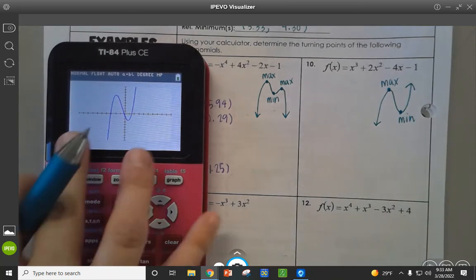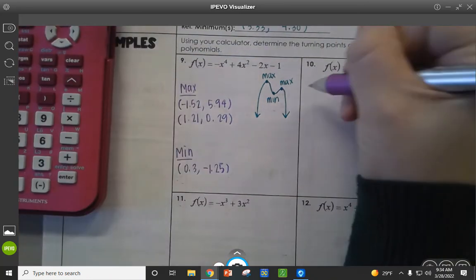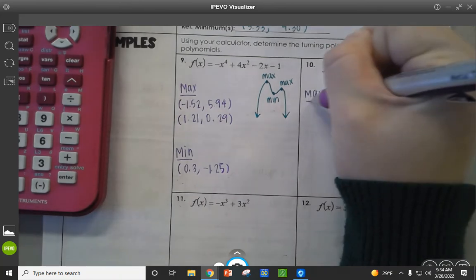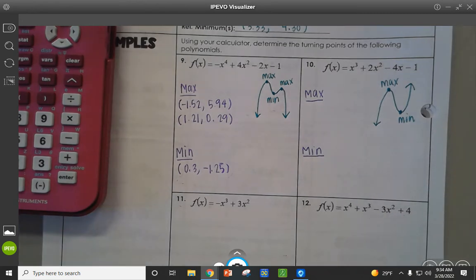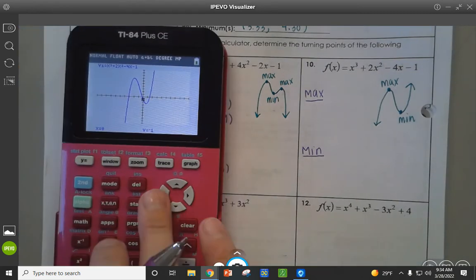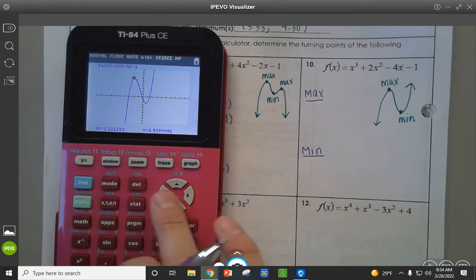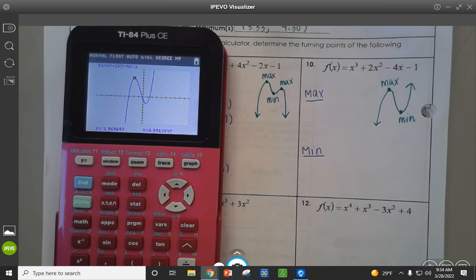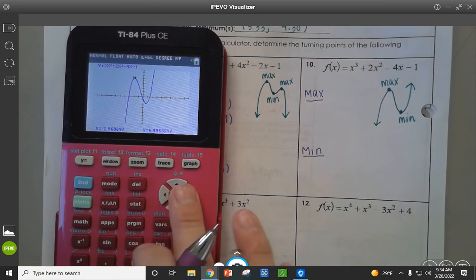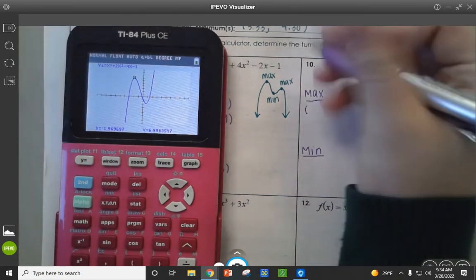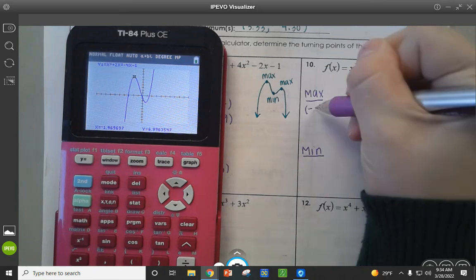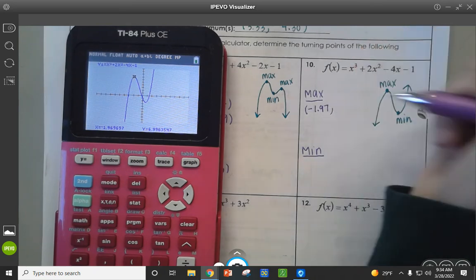This one has 1 max and 1 min. Now this first max is -1.97.